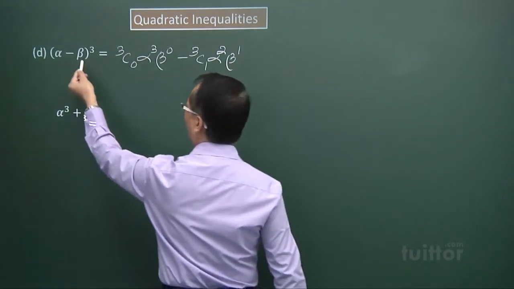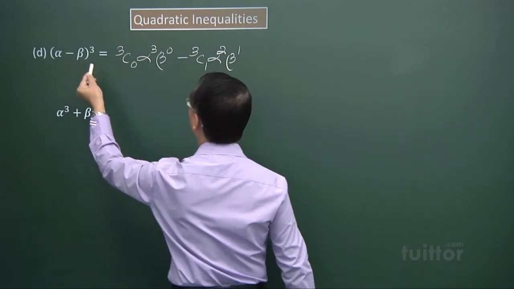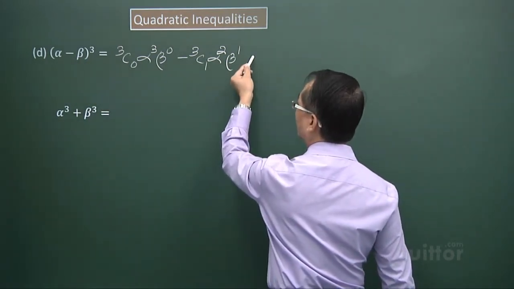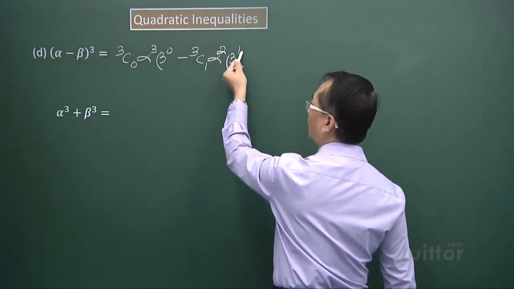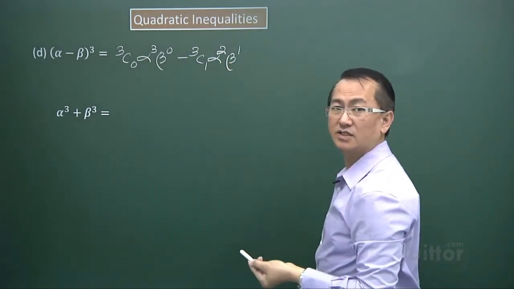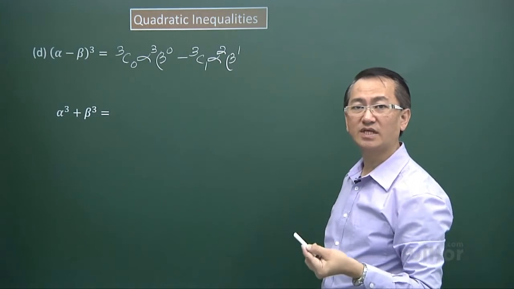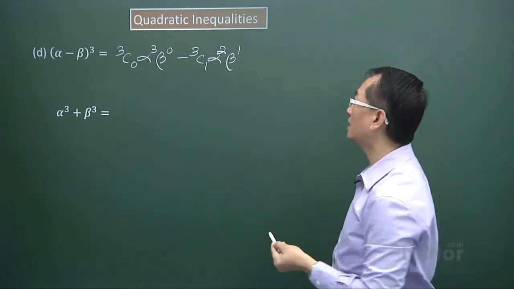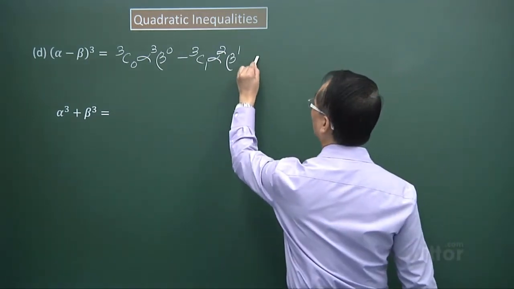Now, I would have taken negative beta to the power of 1, but here you see only beta to the power of 1 because the negative is taken out there. So the positive and negative terms actually alternate. So the next one will be a positive.